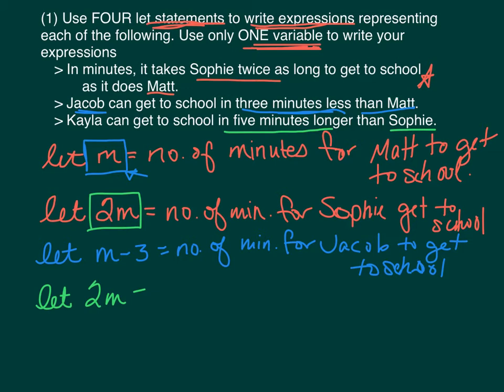So longer means we're going to add to it. So it's 2m plus 5 more. And that, of course, equals the number of minutes for Kayla to get to school. I immediately looked up and saw Sophie and knew I'd done that wrong. I fixed it.